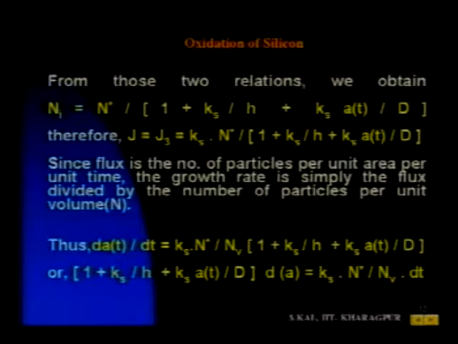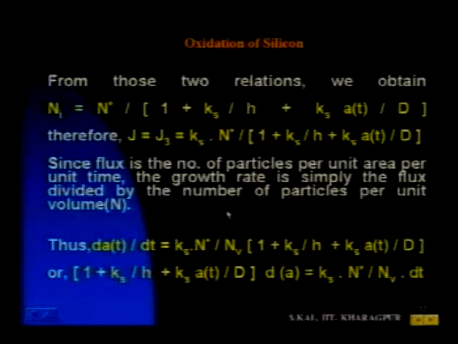What is the dimension of flux? Number of particles per unit area, then centimeter to the power minus 2 per unit time, t to the power minus 1, that divided by volume, centimeter to the power minus 3. Now if you take the ratio of these two, then you will find that ratio is coming centimeter per second.